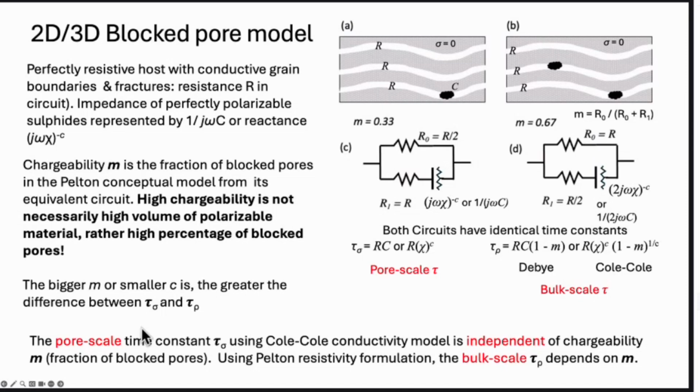Okay, but anyway, the time constant tau sigma for a voltage source is independent of chargeability. It doesn't matter how many of the grains are blocked, you get the same tau sigma. The Pelton resistivity formulation, the bulk scale, depends on the chargeability.